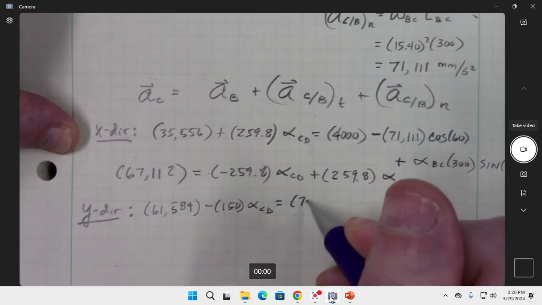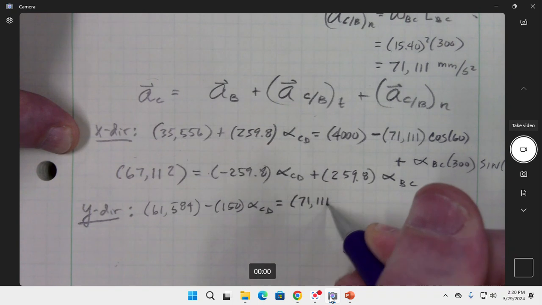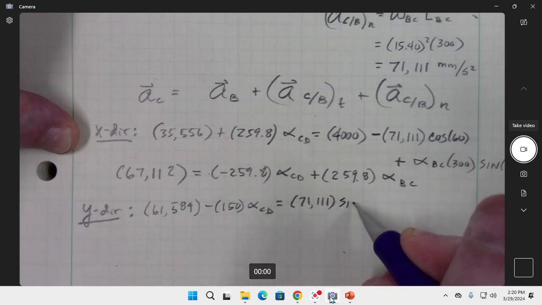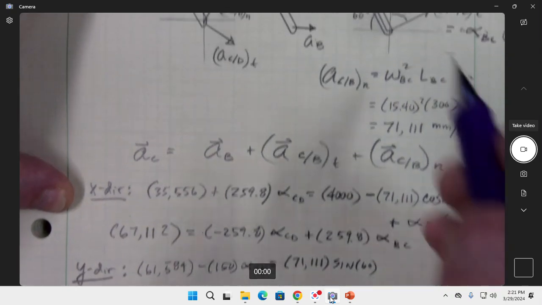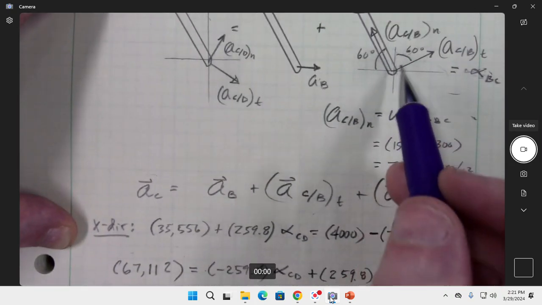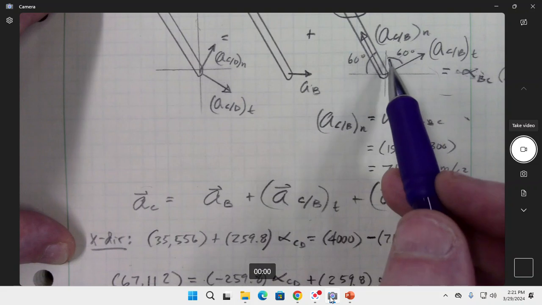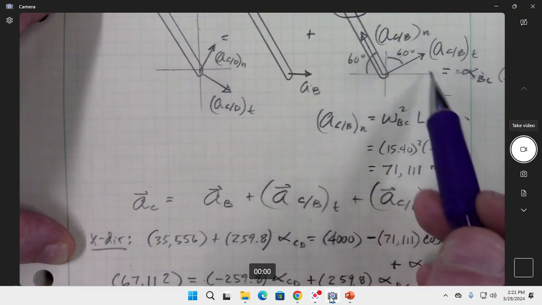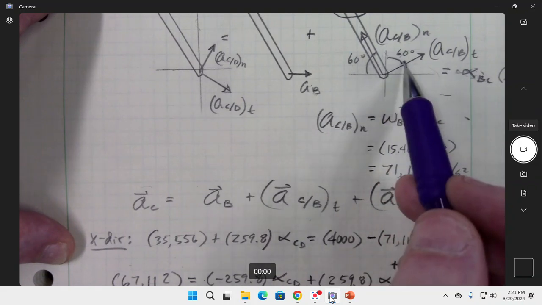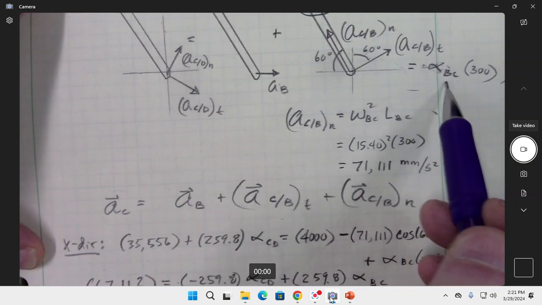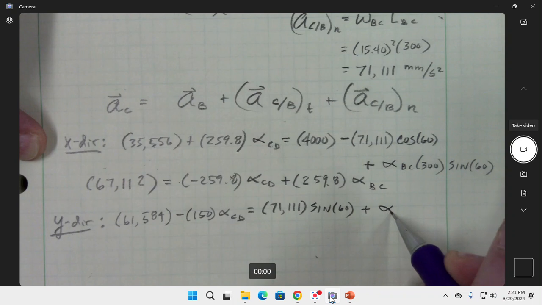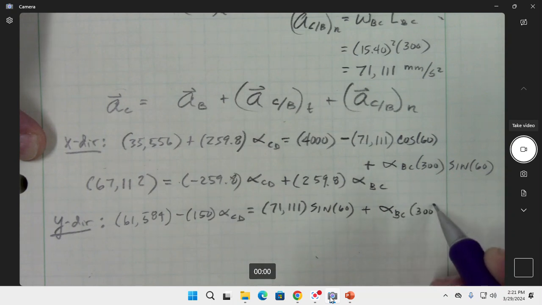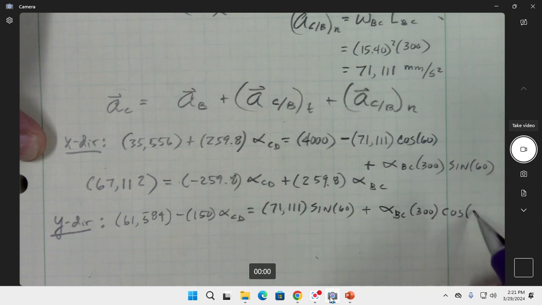So 71,111 times the sine of 60. This is also in the vertical direction right here. So then we're going to use the cosine of 60 times alpha BC 300. So it's going to be plus alpha BC 300 cosine 60.